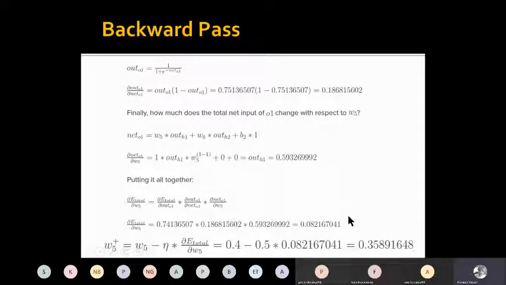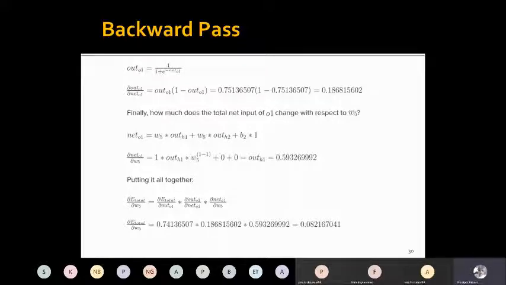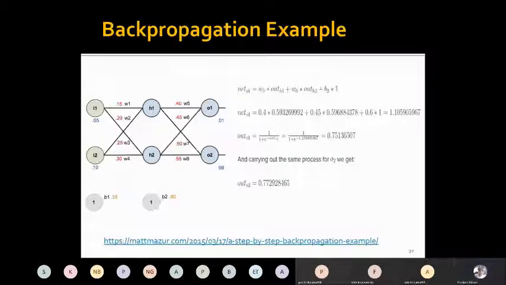And next we have to do this for all weights. That means we have to do it for W6 very similarly, then W7, W8, and then we have to backpropagate and do the same calculation for W4, W3, W2, and W1. And we will modify all these weights accordingly. And then we will rerun this whole exercise again.